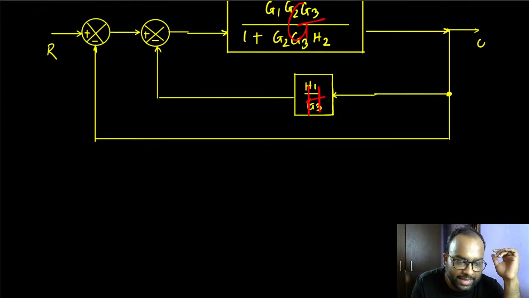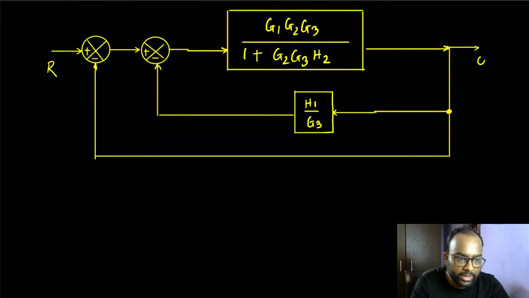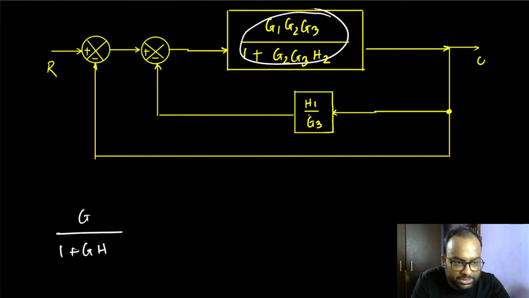So if that's G and that's H, we know the equivalent transfer function for this whole thing is going to be given by G by 1 plus GH. But we're assuming this to be G and this to be H. So let's write those down.